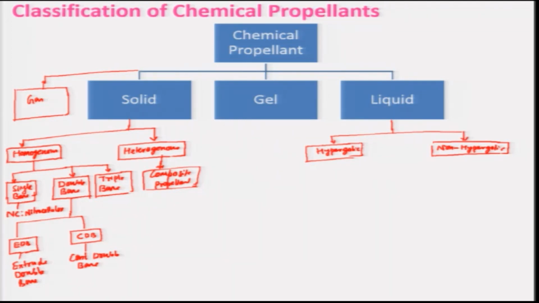Hypergolic propellant means when the fuel and oxidizer are mixed together, they undergo chemical reactions. That means the hypergolic propellant will undergo chemical reaction without initiation of ignition, whereas non-hypergolic propellant has to undergo the ignition with the help of some external energy.